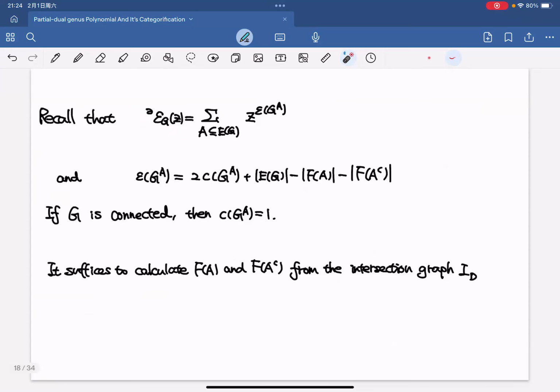First, recall the definition of the partial dual genus polynomial. This is the definition, and this part is just a constant. So we just want to read this part from the intersection graph. We just want to calculate f(A) and f(AC) from the intersection graph.